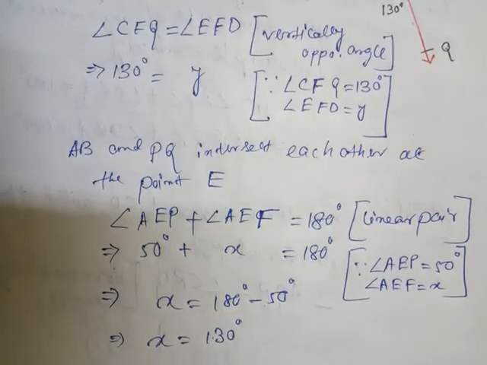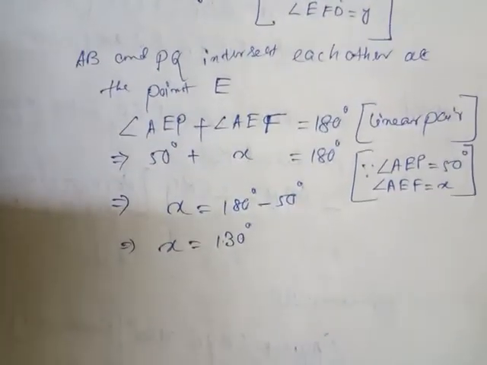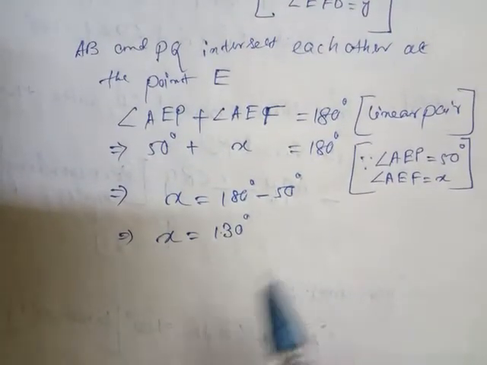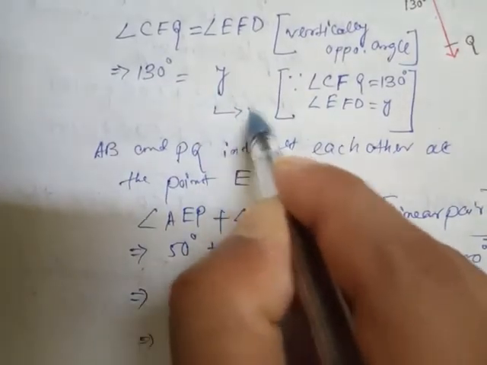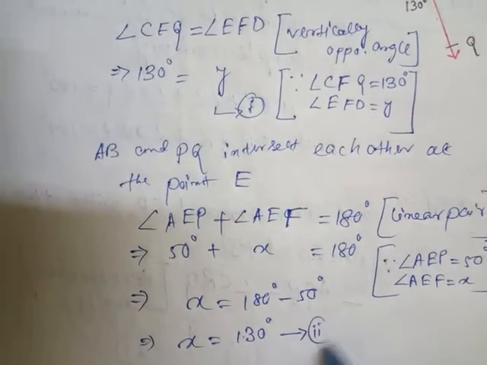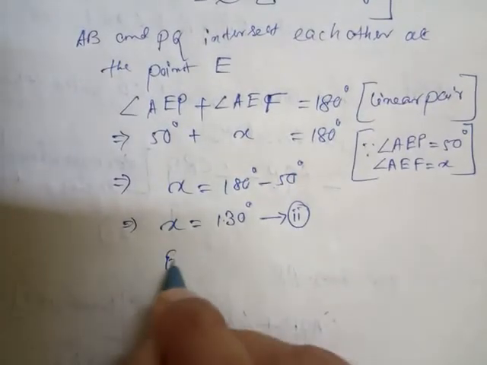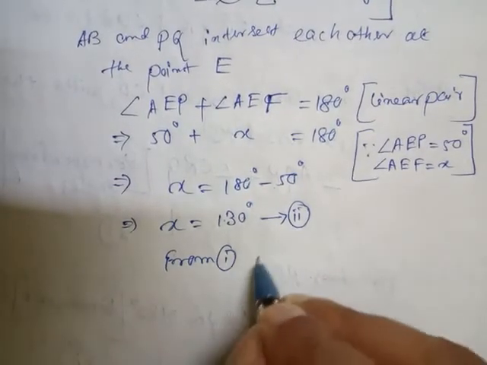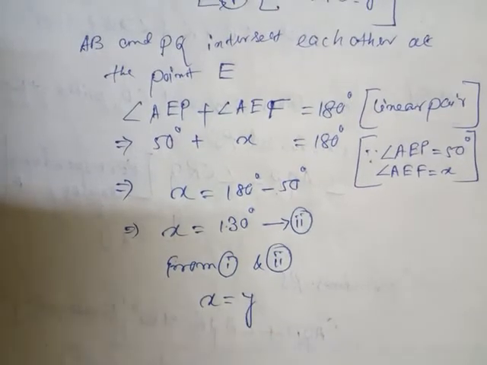So x and y are equal to 130, so we can say that x is equal to y. If I take this value as equation number 1 and this value as equation number 2, then from 1 and 2, x is equal to y.